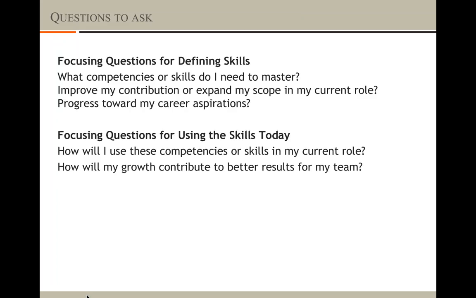Focusing questions for defining skills: What competencies or skills do I need to master? Where do I improve my contribution or expand my scope in my current role? How do I progress towards my career aspirations? Once you're able to answer these questions, you would be able to figure out what you need to make yourself better at the skill set.